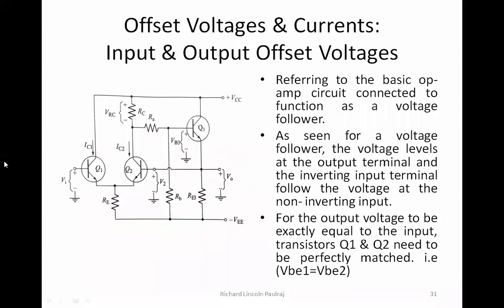That is because of various factors which we saw. It can be input offset voltage, it can be input bias current, it can be the differences in the resistances. So all these can actually impact the level of output voltage.